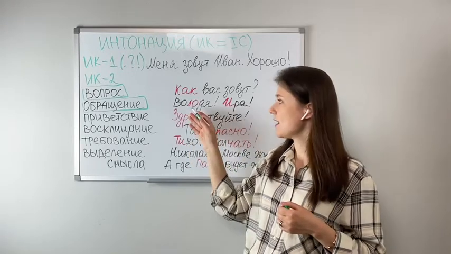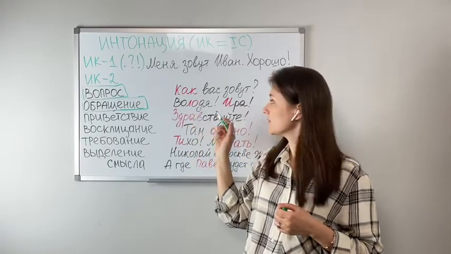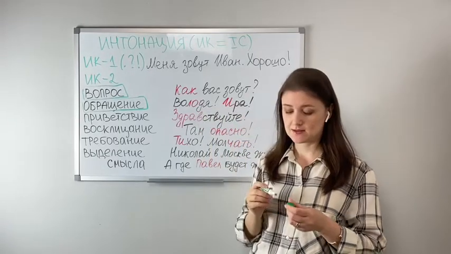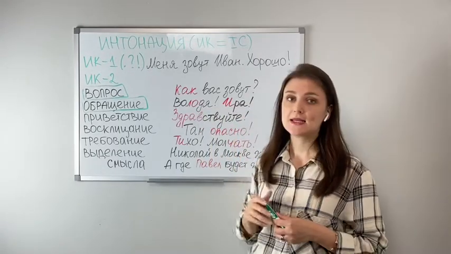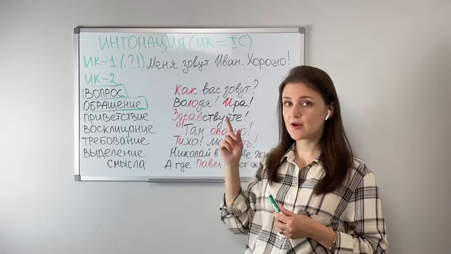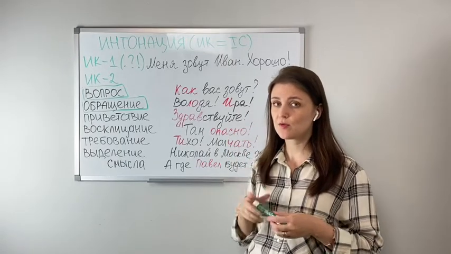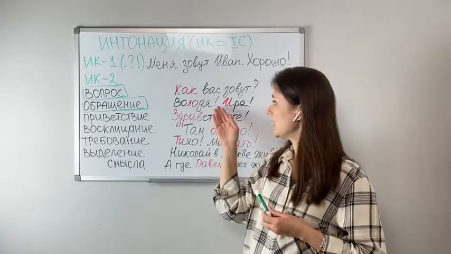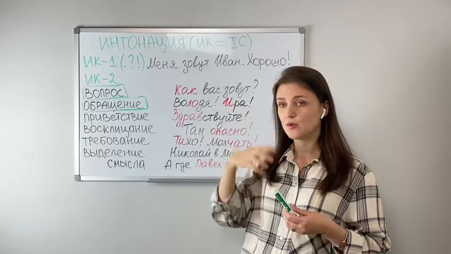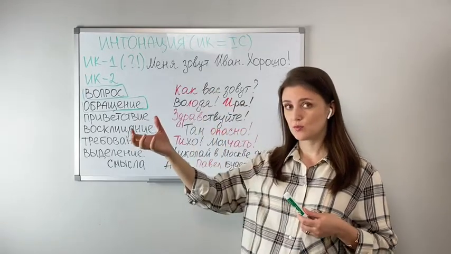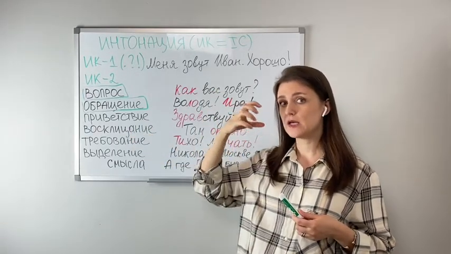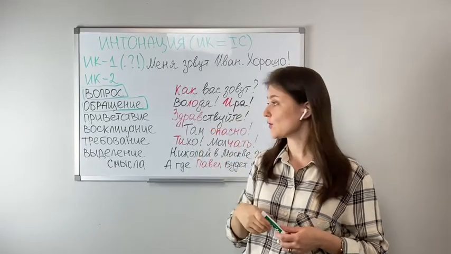For example, Володя, the stress on the second syllable, or Ира, the stress on the first syllable. These are popular Russian names, okay? And this is an exclamation. We want to talk to a person, and first we say the name of this person.